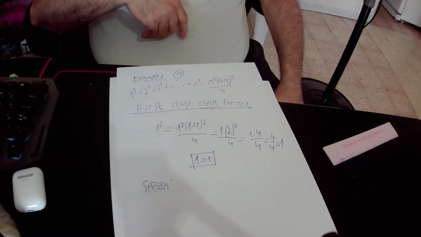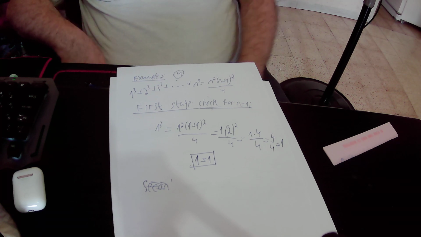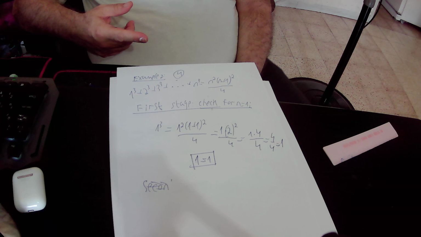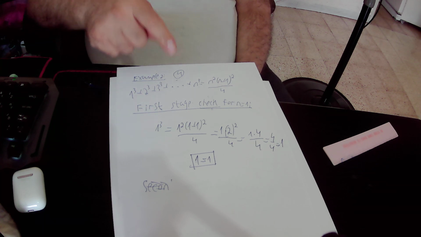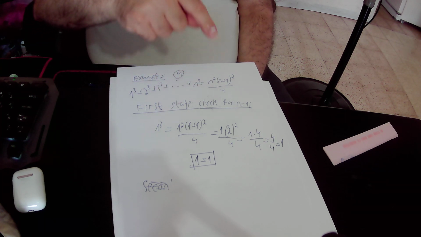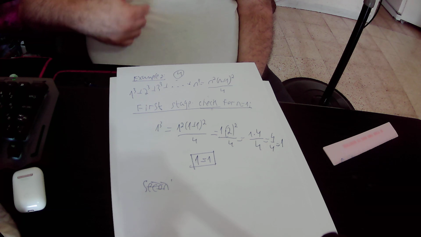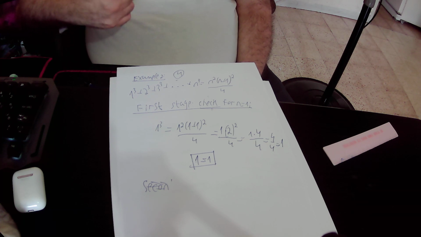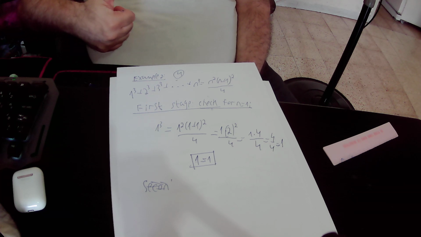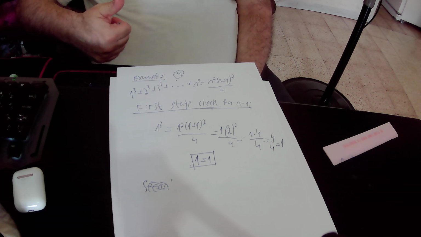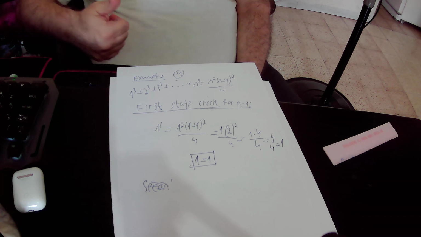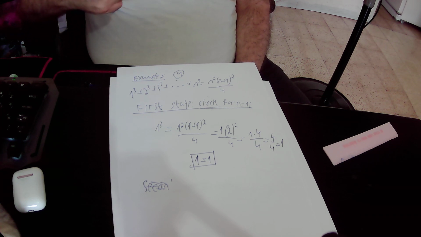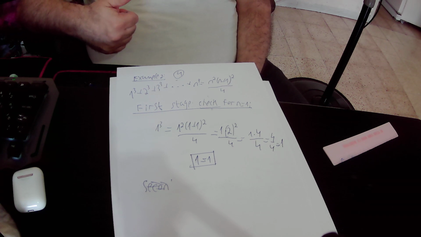So we can say that because it is true for n that equals 1, and we have already proved in general that if it is true for n, it must be true for n plus 1, we can deduce that because it is true for 1, it must also be true for 1 plus 1, that is n plus 1.